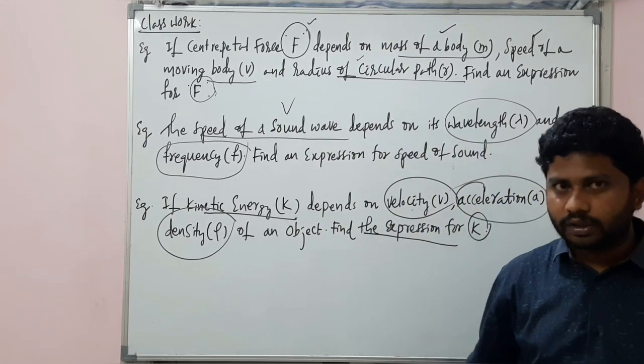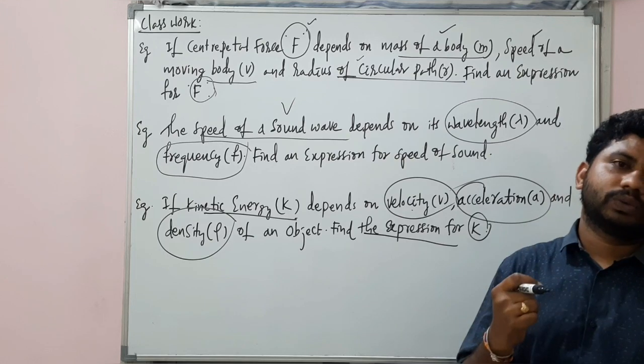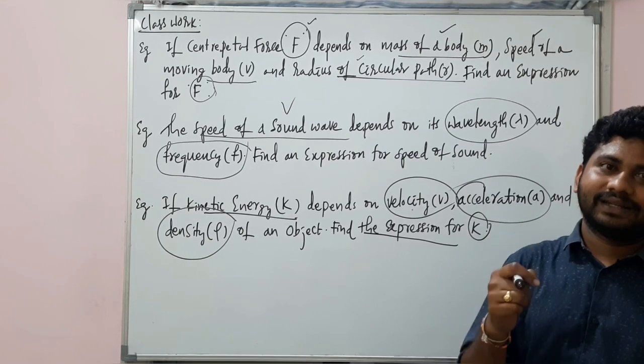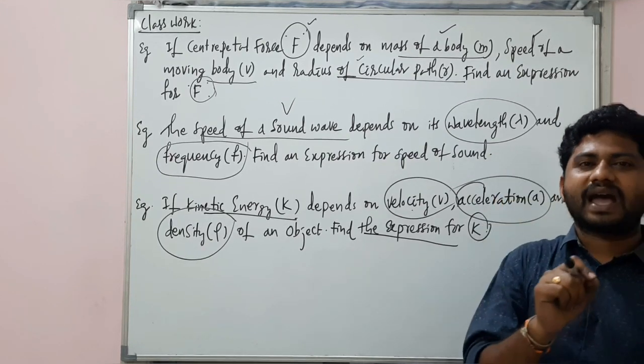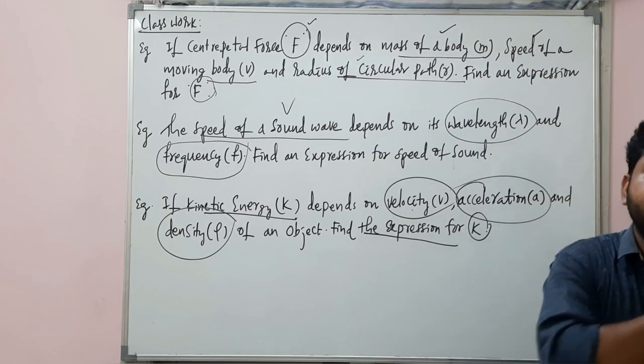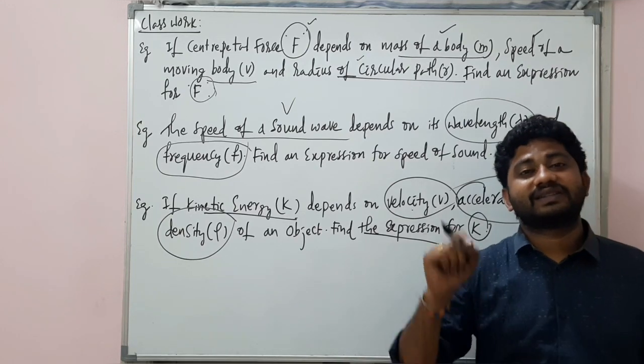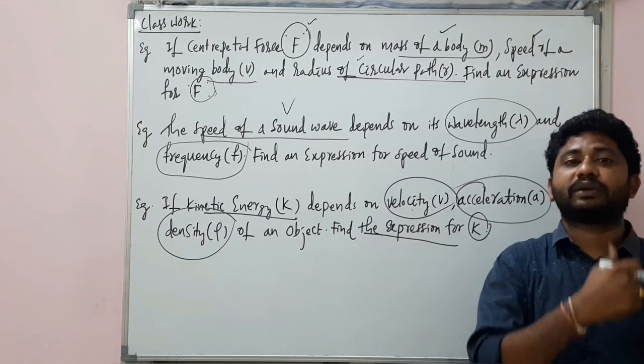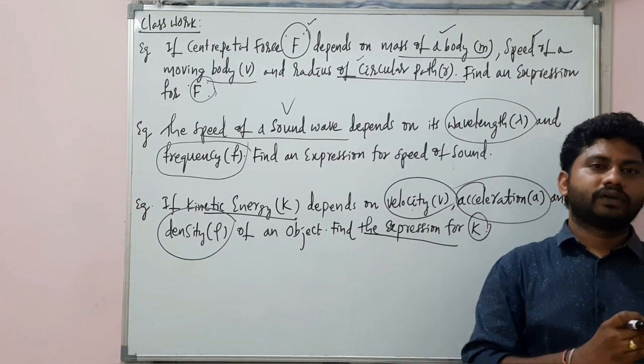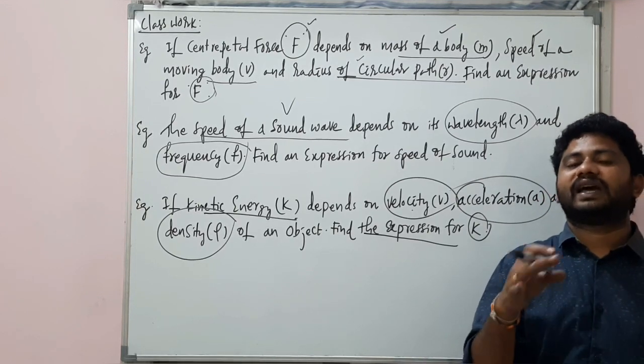You do it. Pause the video, send it through to your WhatsApp as soon as possible before your online assessment starts. All the very best. See you soon with the next dimensional analysis.